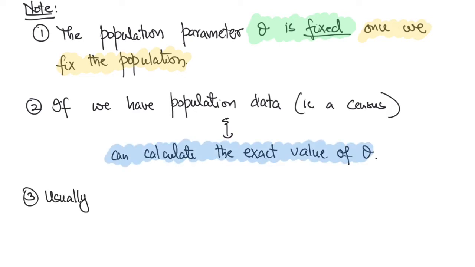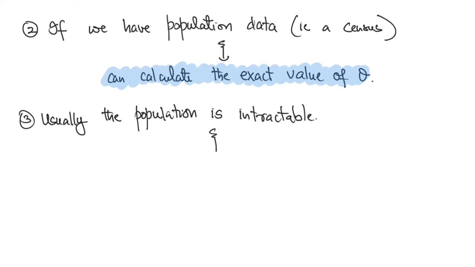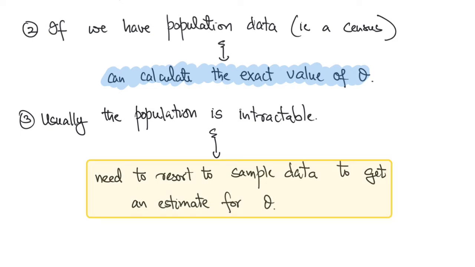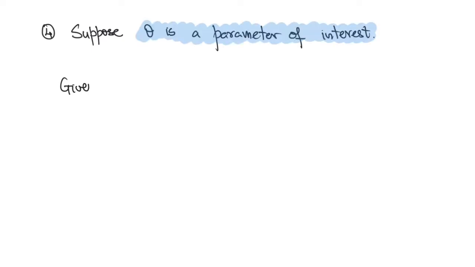But this is usually not the case. The population will usually be intractable, or you might not have access to every individual inside the population. And in this setting, we will have to resort to working with sample data to get an estimate for theta. So suppose theta is a parameter of interest, and we are given an estimator theta hat for theta.